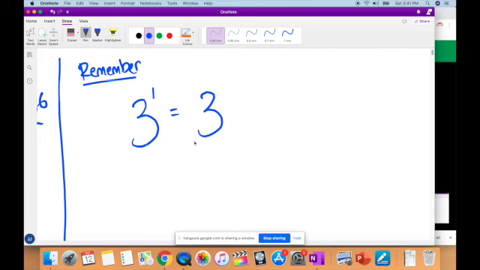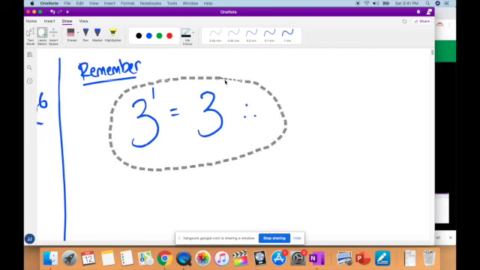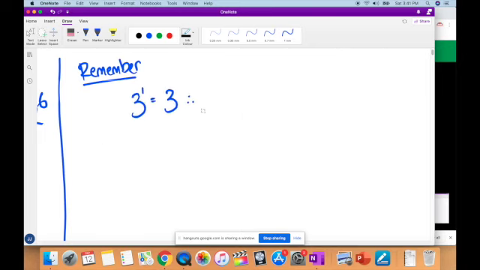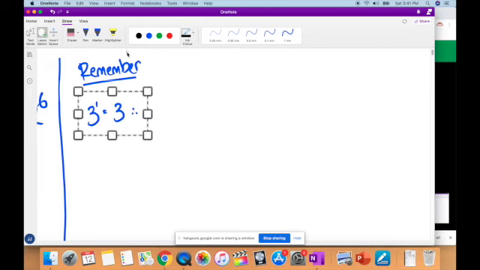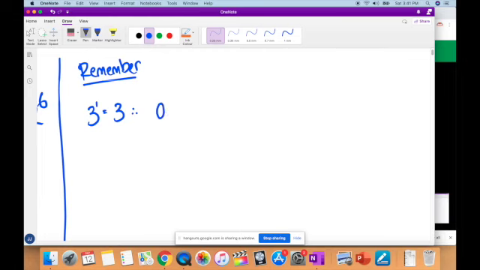So the generalization: any number to the power of 1 is itself. Can you prove this?